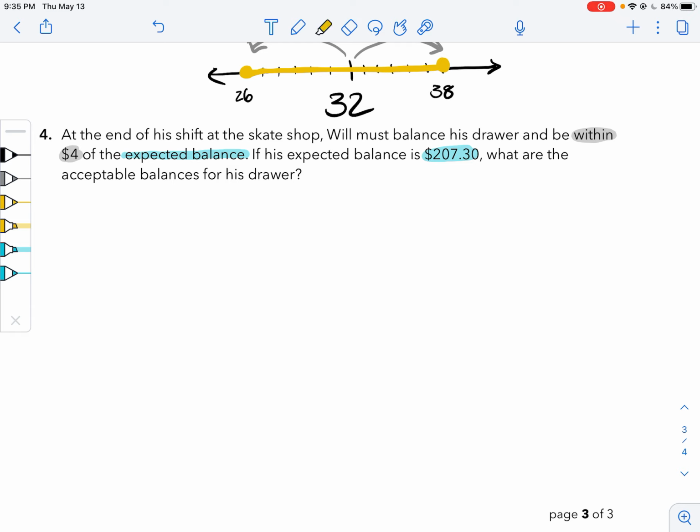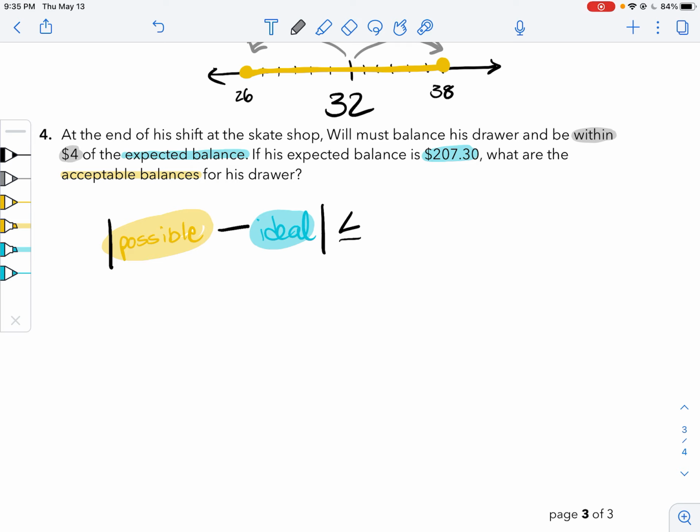Okay, so what are the acceptable balances for his drawer? Well, we know that the possibility, what he's allowed to have, we're going to subtract our ideal from there. And then the absolute value of that needs to be less than or equal to our tolerance.